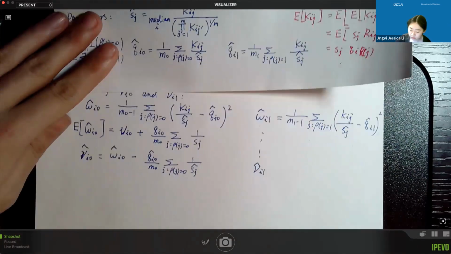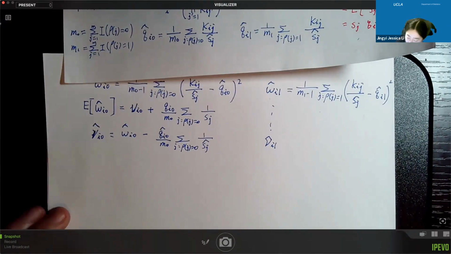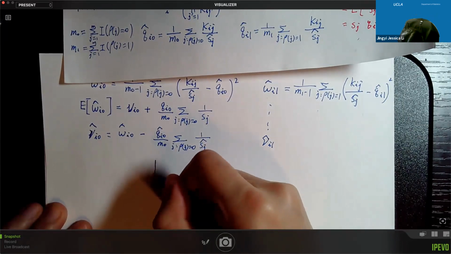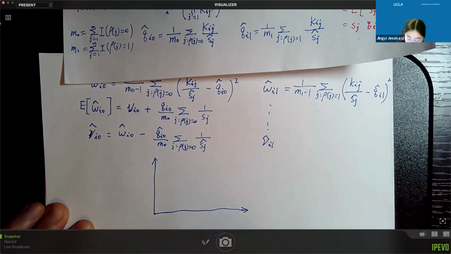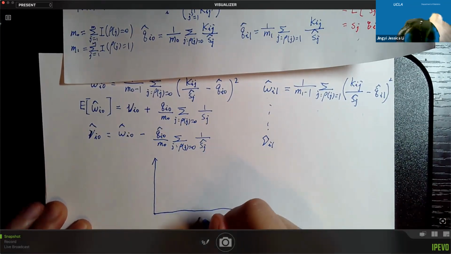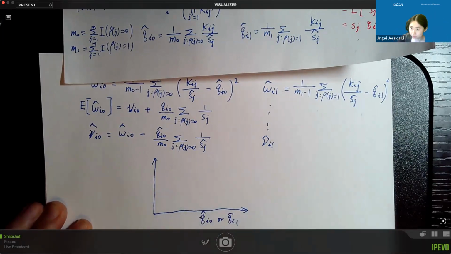With this, what they do is that they plot everything here. In the x-axis, you would have either the Q hat I0 or Q hat I1, which are both put here.